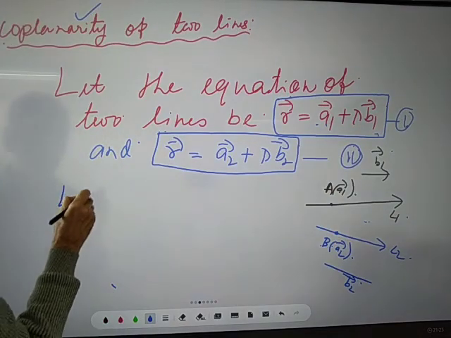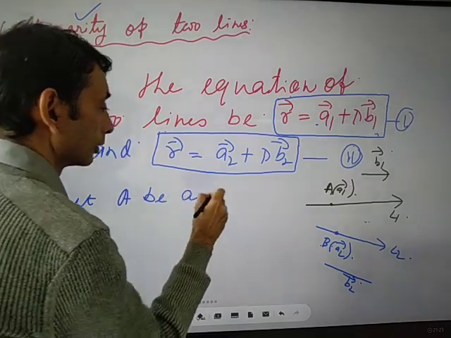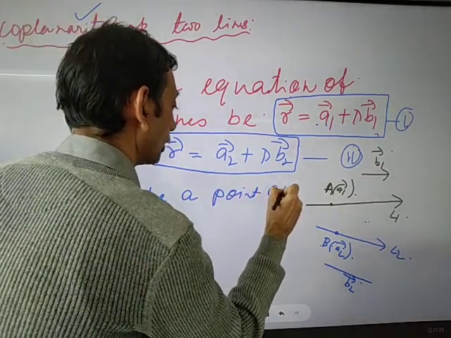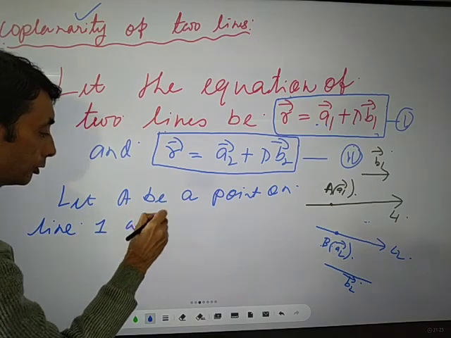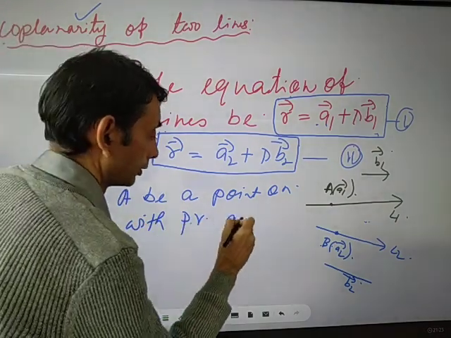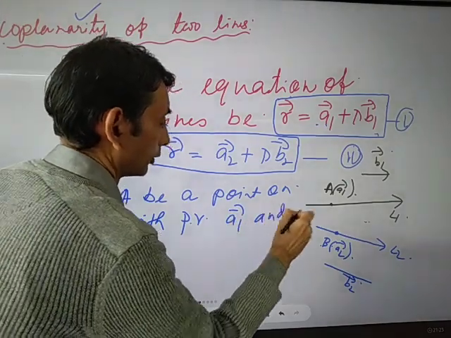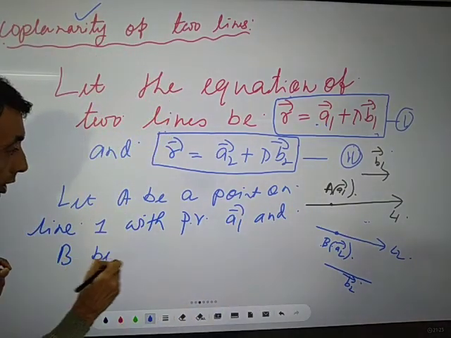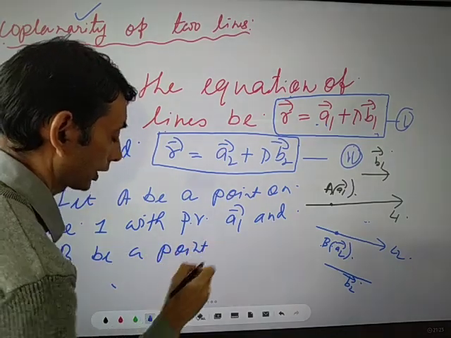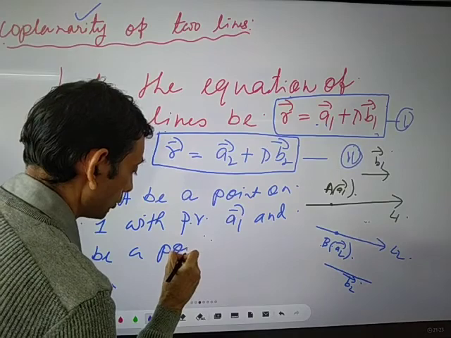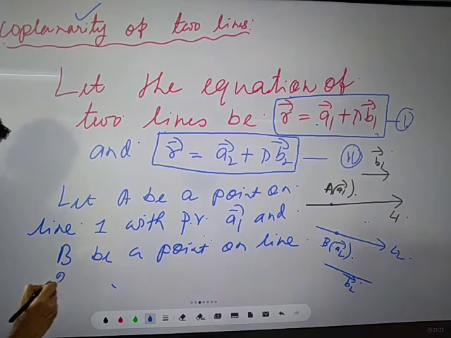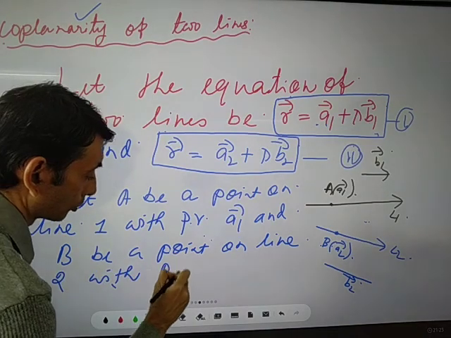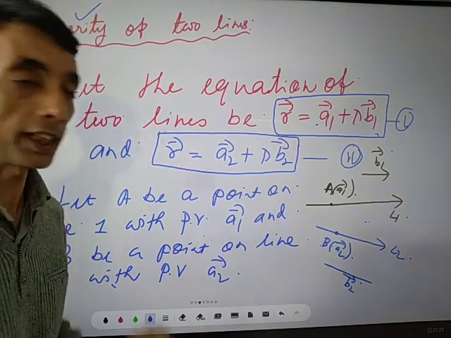Let A be a point on line 1 with position vector A1, and B a point on line 2 with position vector A2.